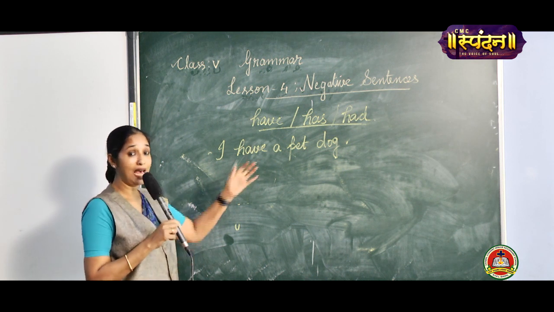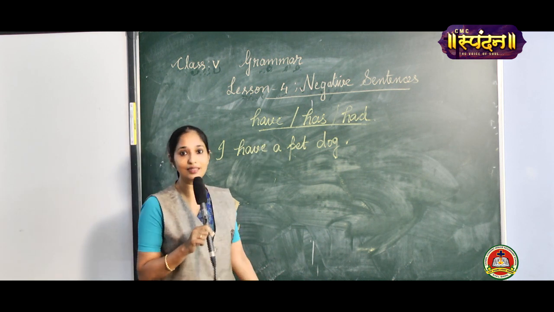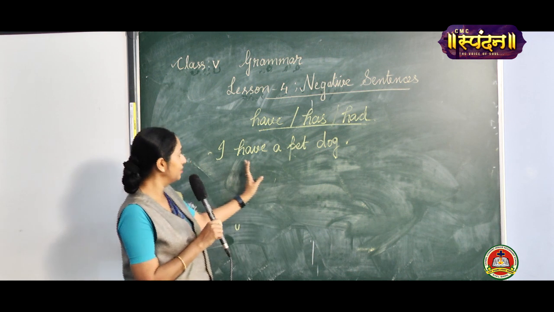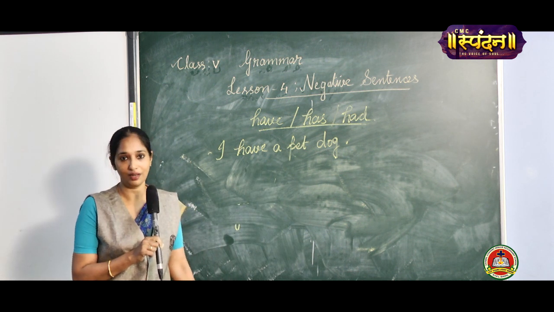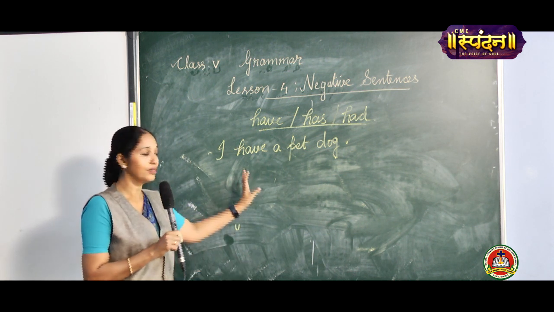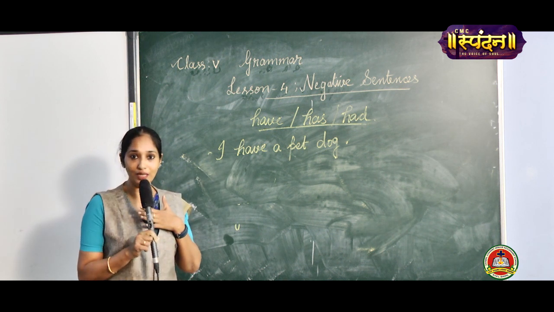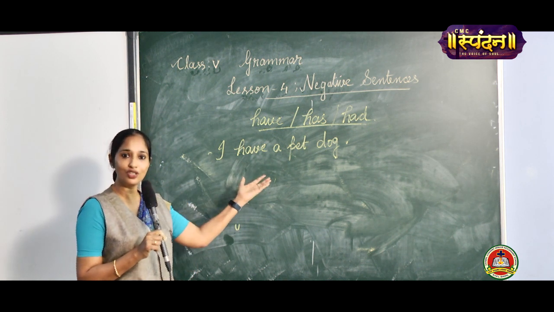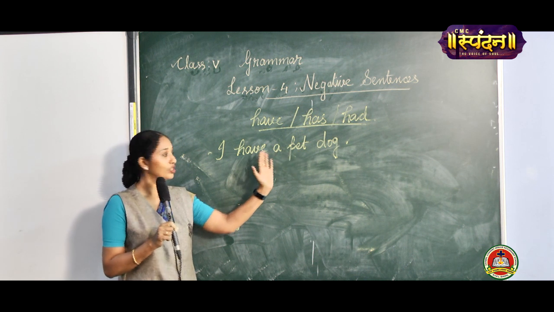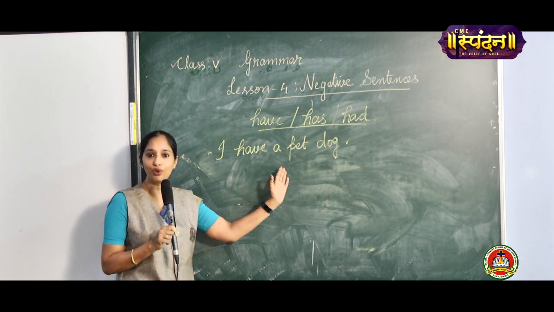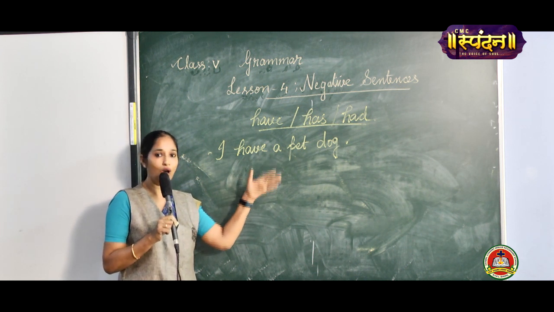We use have, has, and had to form tenses also, and we use have to show possession. Possession means, I have a pet dog, it shows my ownership of the pet dog. So this have is used to show possession or ownership.